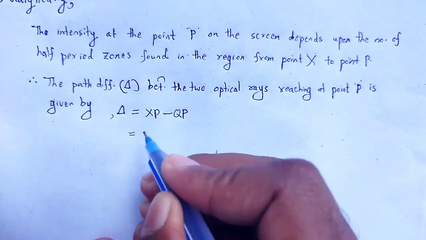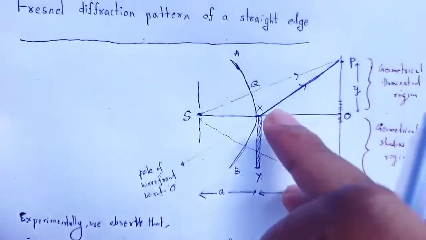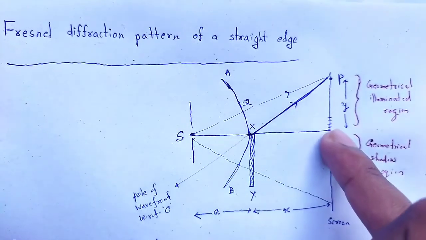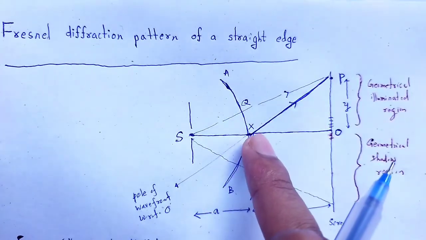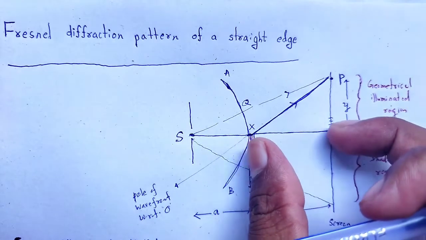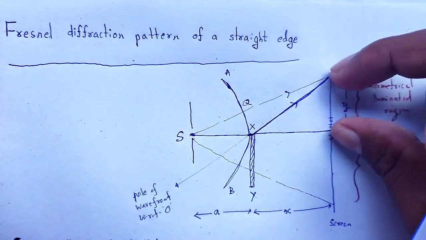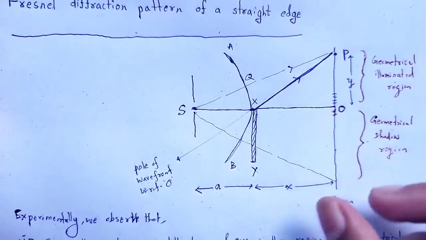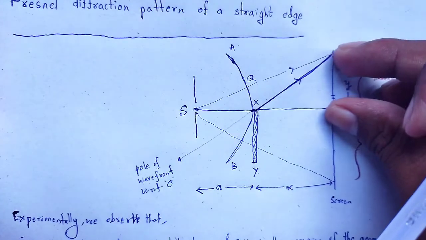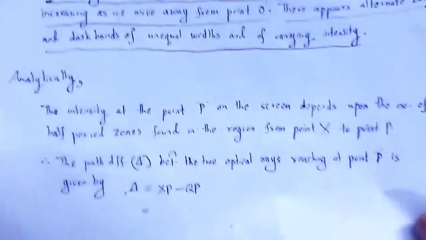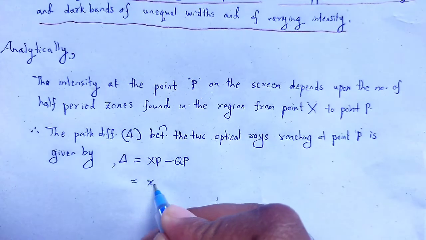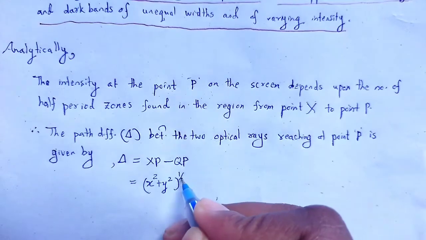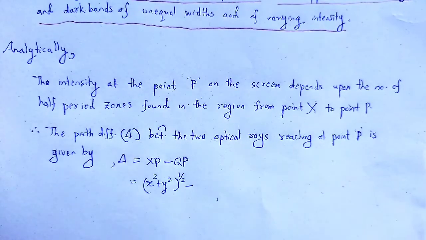The value of XP in that particular triangle XPO is equal to the square root of this square plus that square, so under root of x square plus y square, minus QP.